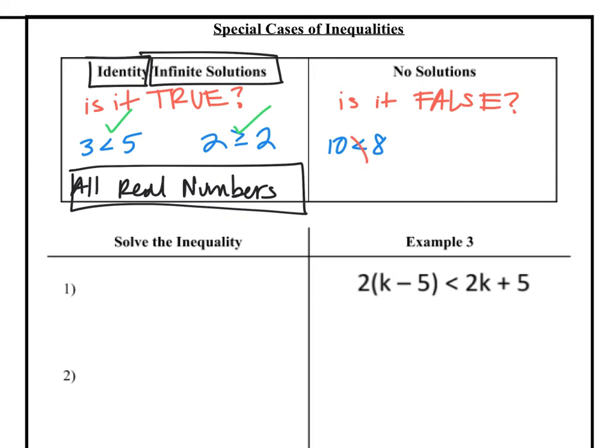Another example would be 5 is greater than or equal to 7. It's not, and so this is false. So if it's false, then you have to say no solutions.